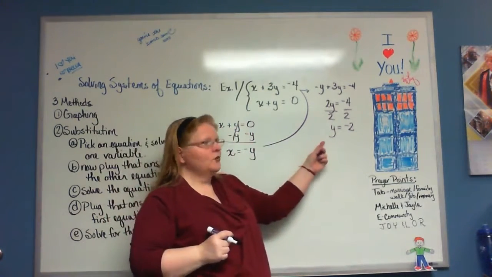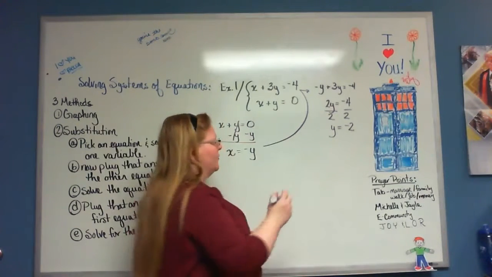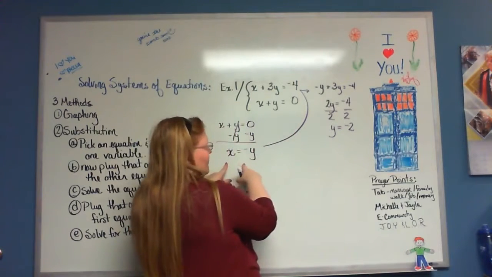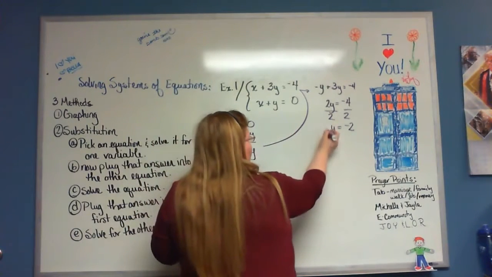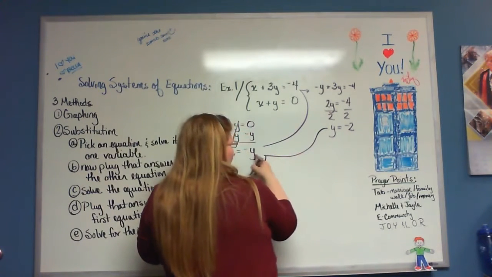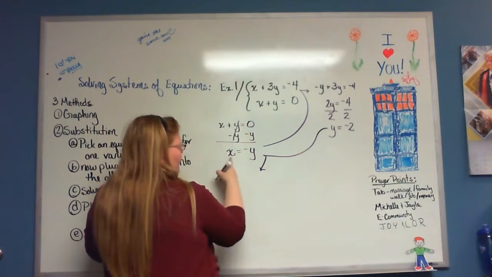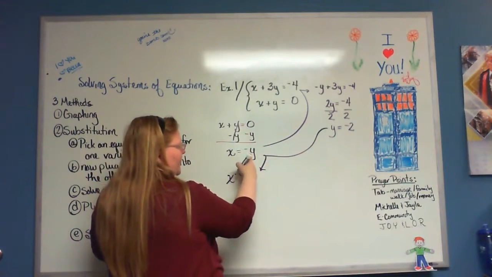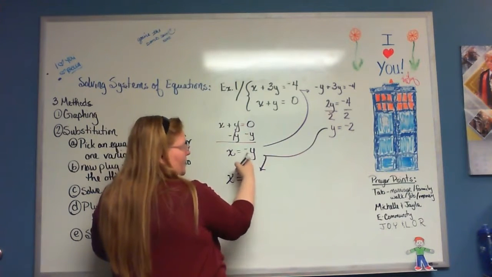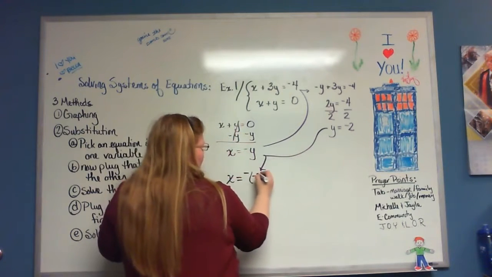Well, now that I know what y is, I can take this information and plug it back into some equation. I choose to plug it back into this one because it makes this easy. So I come back down here and grab this equation, and this time I leave the x, but instead of writing negative y, I write the negative because it's not the y, and then I write what y really is, which is negative 2.